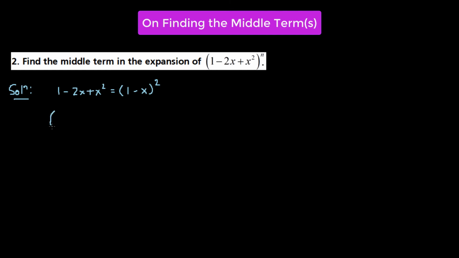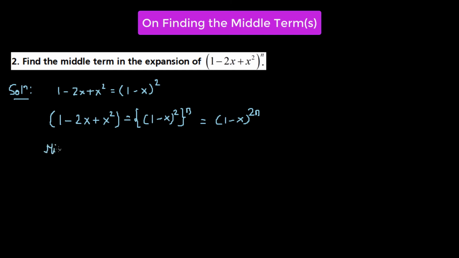So we can write it as ((1 minus x) squared) raised to the power of n, which becomes (1 minus x) raised to the power of 2n. Now we know 2n is an even number, so let's find the middle term.